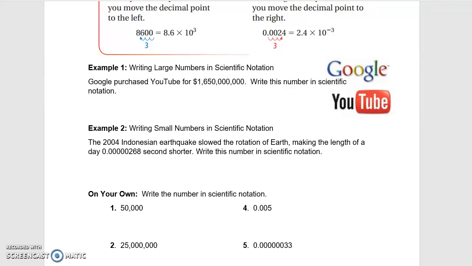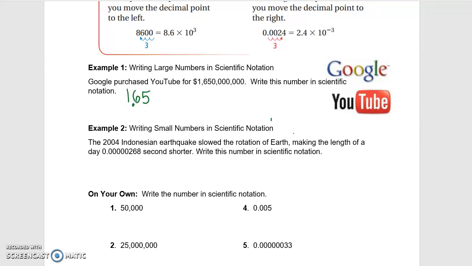Google purchased YouTube for $1,650,000,000. Write this number in scientific notation. So I am going to write the 165. Now I'm going to put a decimal in between those numbers so that it's between 1 and 10. So that makes 1.6.